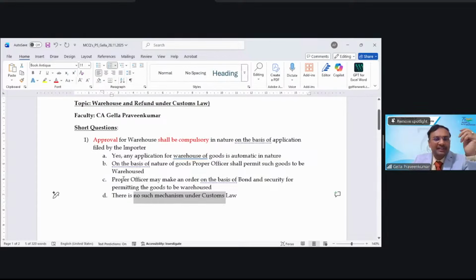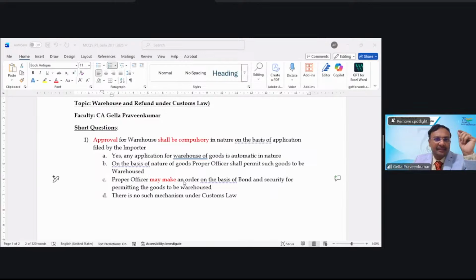So the left out option is proper officer may. Please look at this option, may. Now this is where you try to differentiate the way you attempt your answers, right? So Sanjay and Swaminathan, yes, both of your answers are correct.